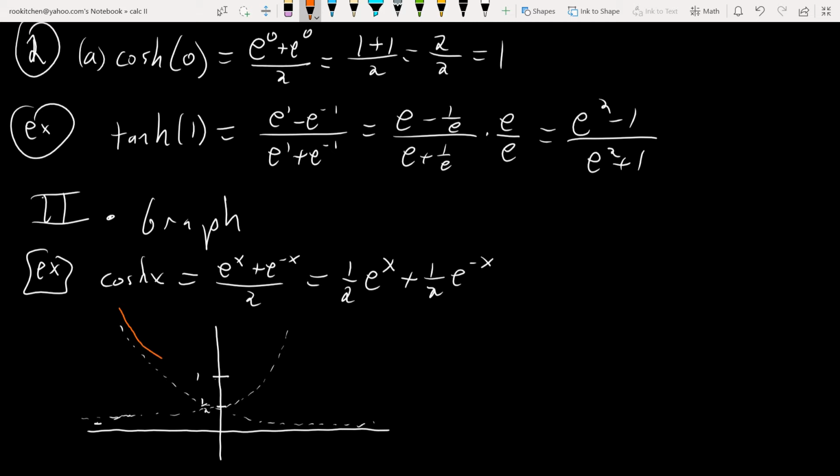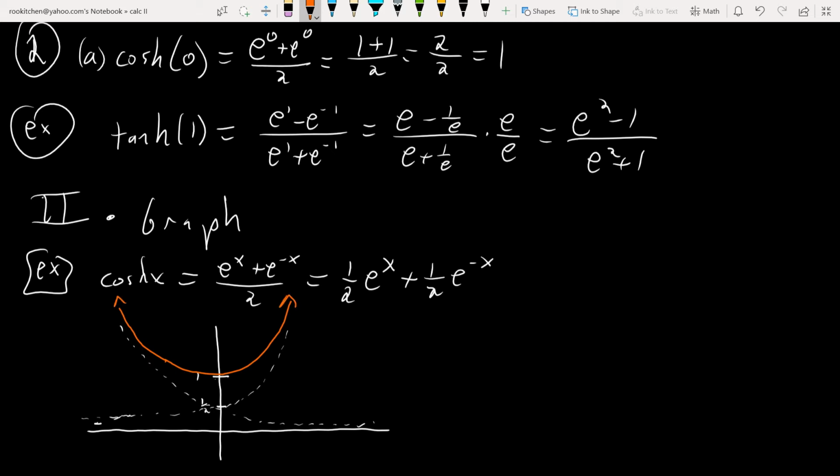In the middle, you add the y values together, culminating at 0 with 1/2 plus 1/2 is 1, and then going away, it gravitates towards the exponential growth part of the graph. So what you end up with is this parabola-looking thing.